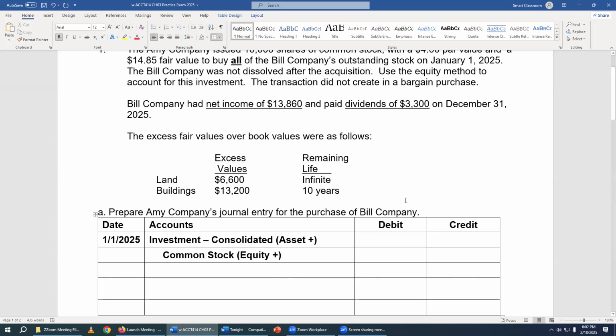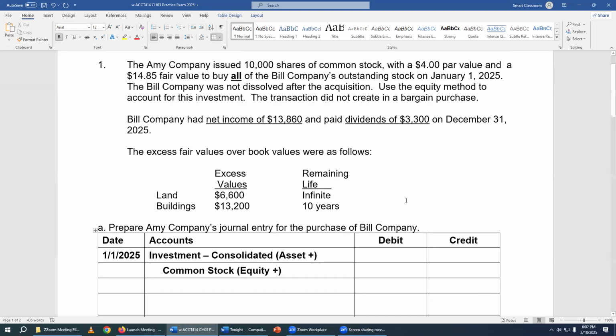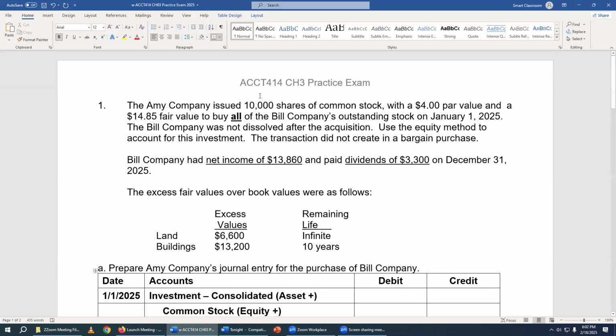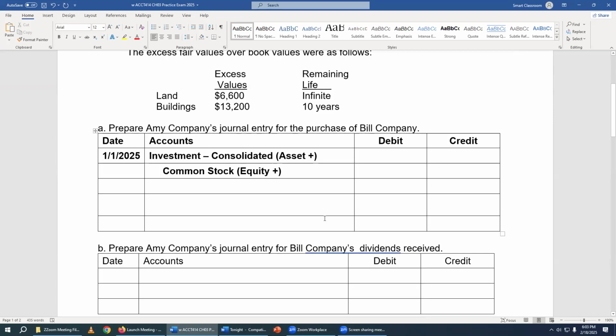And let's see, we had 4,000, no, we had 10,000 shares with a $4 par value. What happened here? Okay.